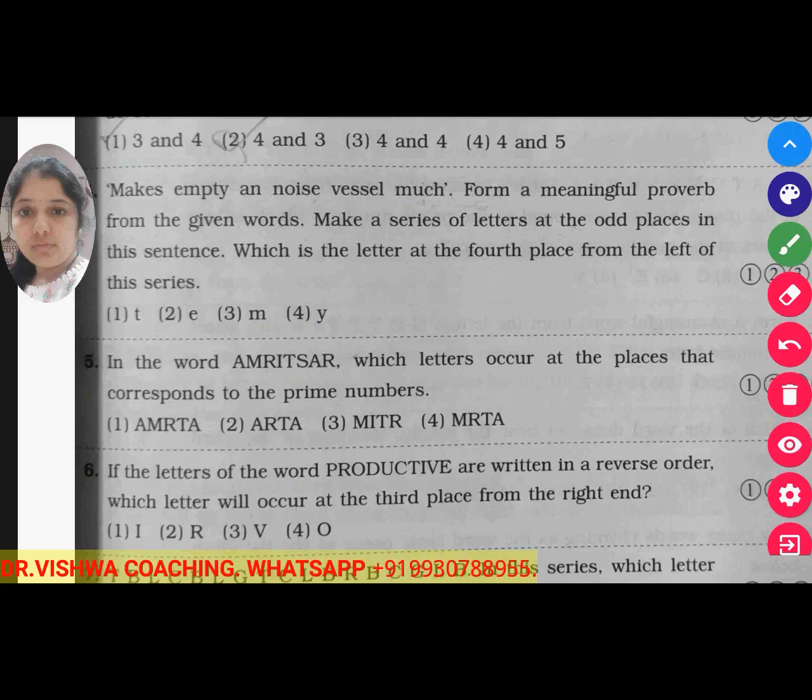Now in the word Amritsar, which letters occur at the places that correspond to prime numbers? Now you must know which are the prime numbers. So 2 is the even prime number, then 3, 5, 7, 11, 13 are the prime numbers. Now mark out the positions. Now A is in the first position, M is at second position, R is at third position, I is at fourth, then 5, 6, 7 and 8.